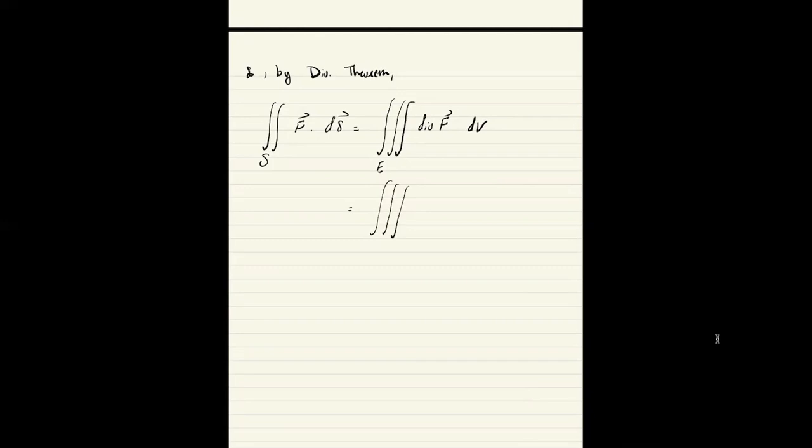This is the integral over E of the function 6 times x squared plus y squared dV. Sometimes this is going to be a function of 3 variables inside, but in this case, it's only 2 variables. So now you just go back to what you know about triple integrals.